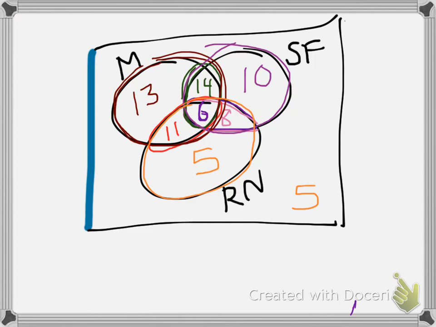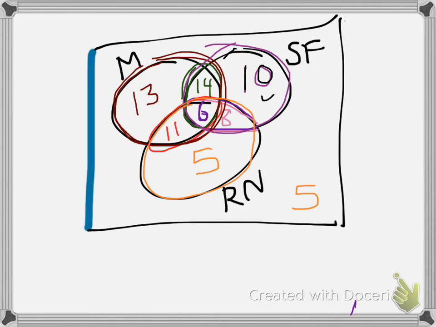Okay, A part: how many of the customers surveyed purchased only science fiction? Only science fiction means that goes right there, which is 10. That means no mysteries, no romance novels.